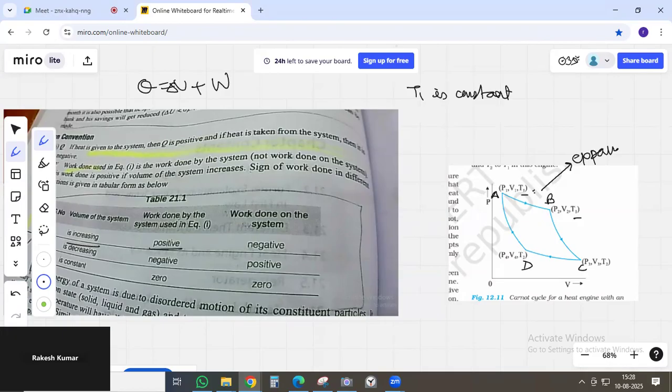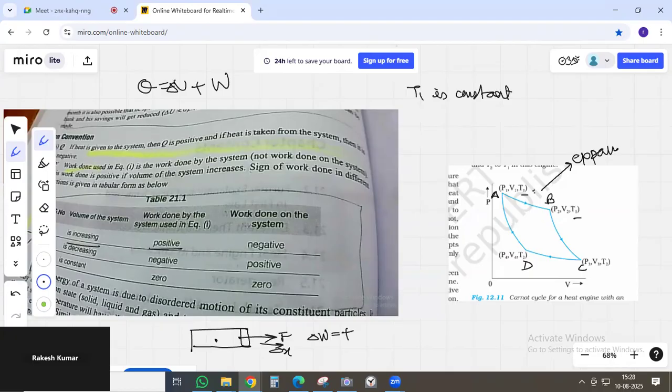Now why is that? Because if you have a cylinder, the force by the system, the gas inside, is pushing this, and the displacement is also happening here. So obviously work is positive.